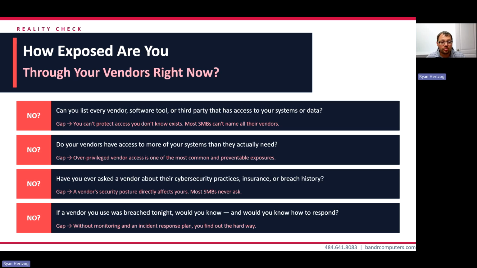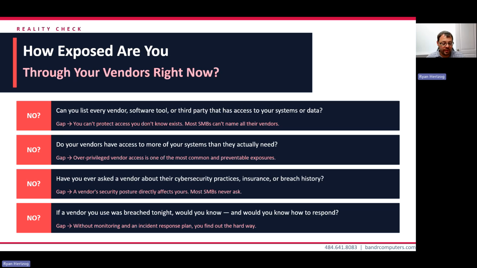If a vendor that you use was breached tonight, would you know, and would you know how to respond? Would they communicate to all the vendors they use, you included, that they suffered a breach?